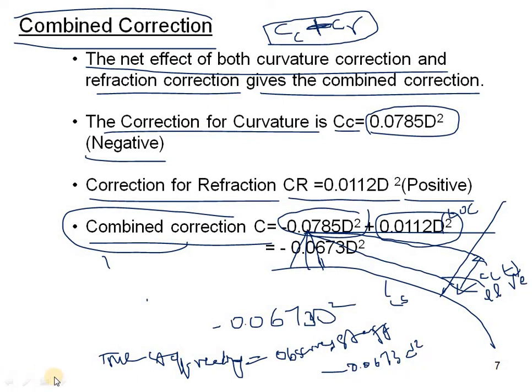Sorry, true staff reading is equal to observed staff reading minus 0.0673 d square. So the error due to curvature and refraction can be eliminated by equalizing foresight and backsight distances or by reciprocal leveling.